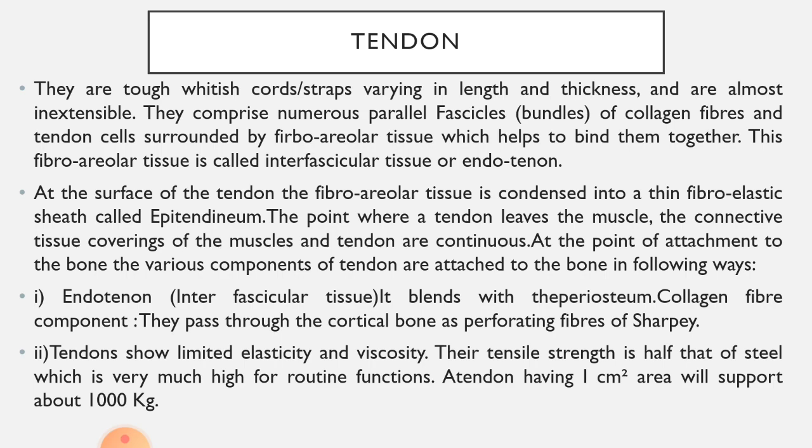A tendon having 1 centimeter square area will support about 1000 kg. So tendons not only allow a limited movement or help in bending around the joints, but because it is inextensible, it also is responsible for the weight bearing.